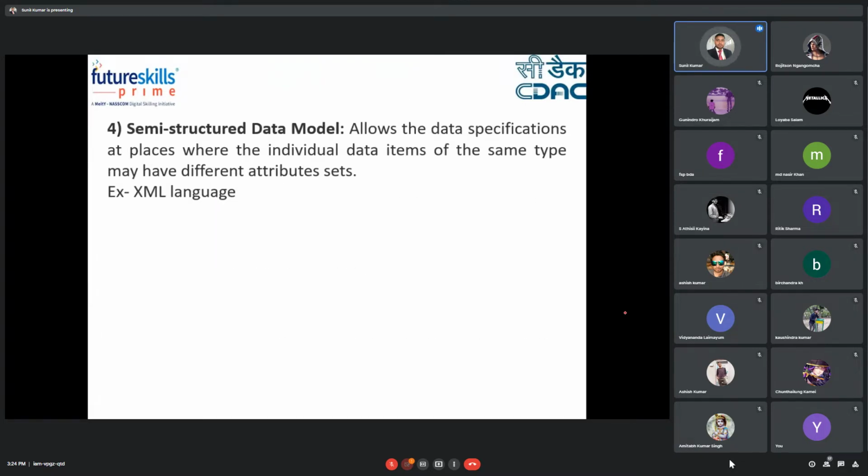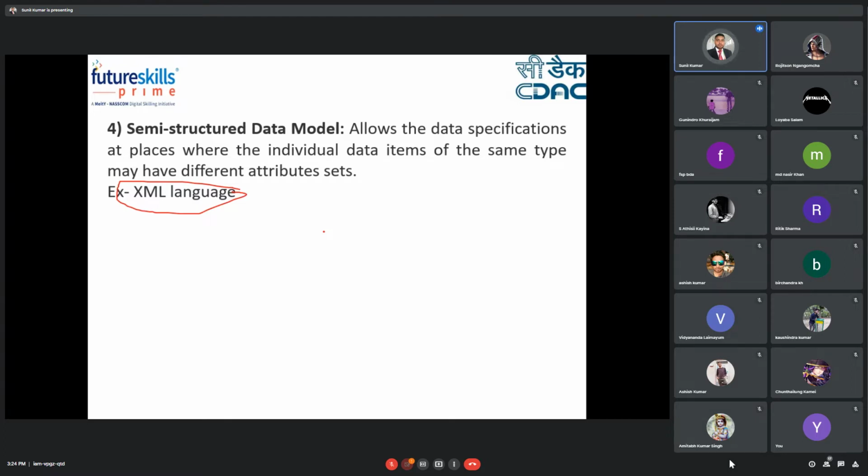Okay. Next one is the semi-structured data model. Basically, the semi-structured data model is a type of data model we use in web languages like XML. You can see XML can work with HTML, with JavaScript, with VBScript also. So this XML language is used by different languages as a supportive language.